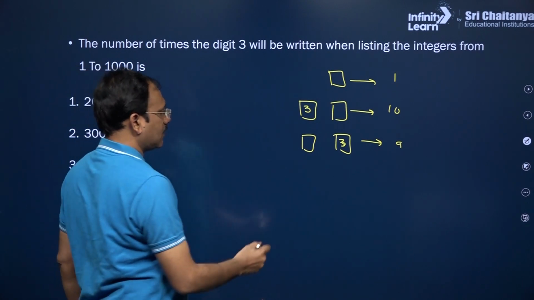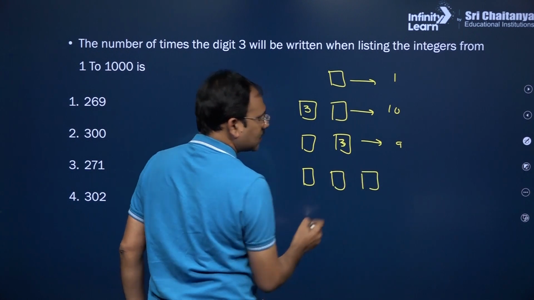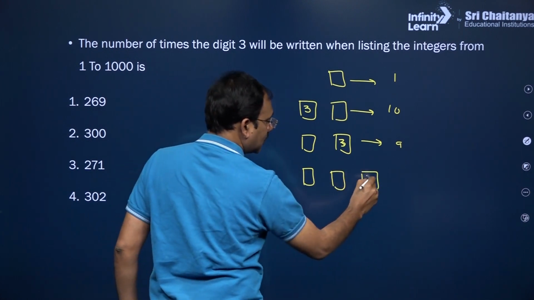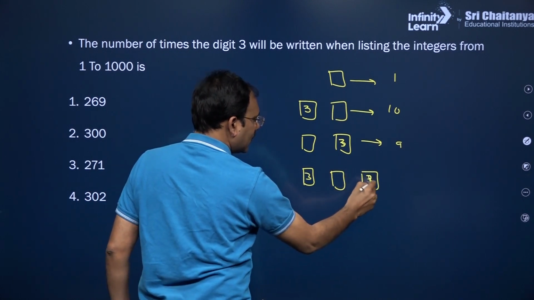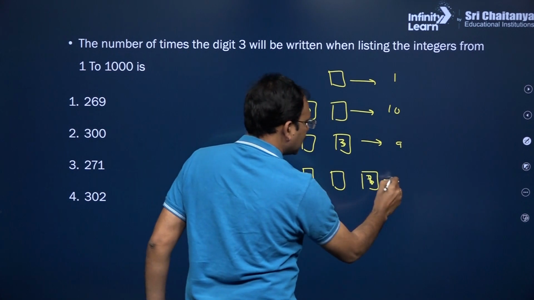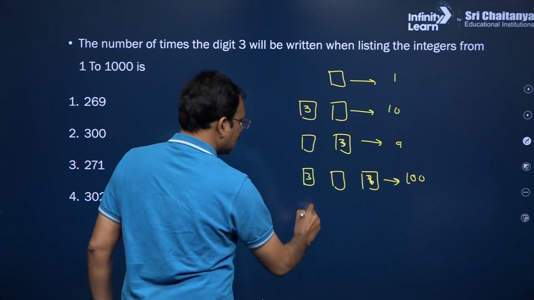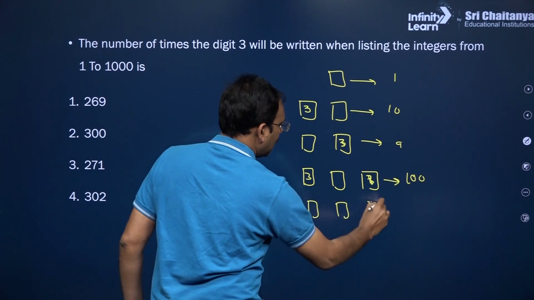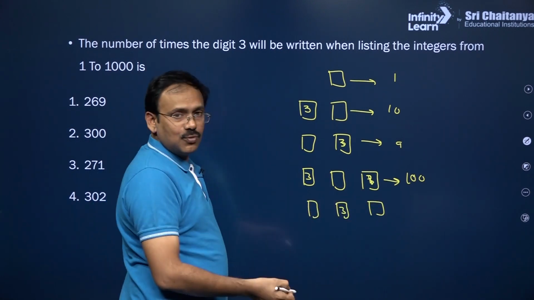Next, for triple digit numbers, how many numbers will be there such that here it is 3? So first let me write this case. If it is 3 here, here you can write 10 ways, you can say 100 cases. And suppose if you write 3 here, you are left with 2 digits.